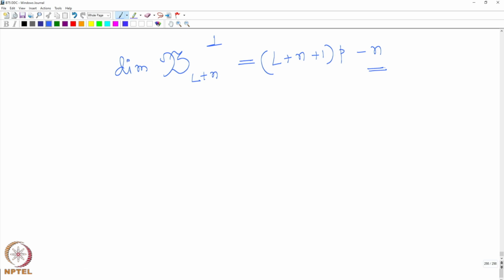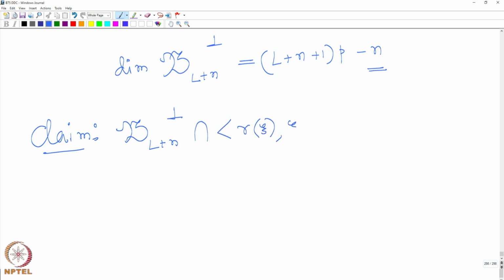Now, the claim that I said was that B L plus n perp intersection this vector space spanned by r xi, xi r xi, dot dot dot up to xi to the power n times r xi, this intersection is non-zero. That was the claim.